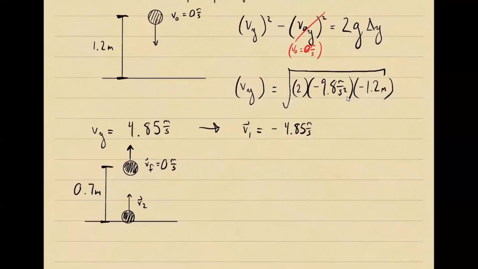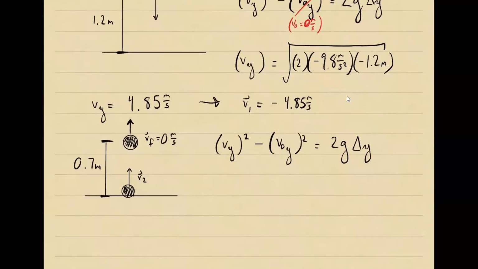We know that our final velocity in the y direction squared minus our initial velocity in the y direction squared is going to be equal to 2 times acceleration times our displacement in the y direction. In this case, our final velocity in the y direction is going to be 0, because this is 0 as defined by max height.